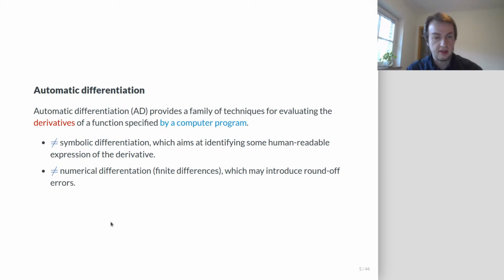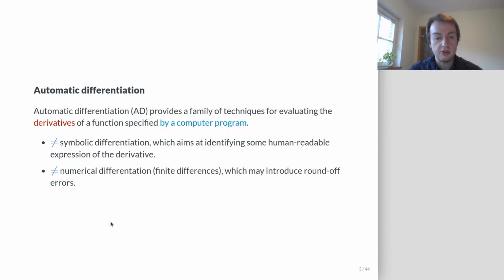Here you will see that the expressions for the derivative that we'll get are not quite human readable, even though if you just compute them, so evaluate their value, they will produce the exact value of the derivatives, which is what we are more interested in.